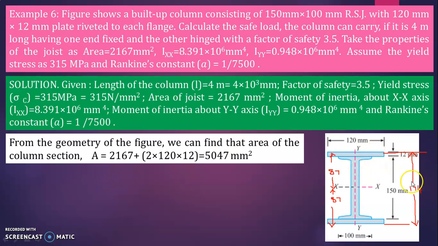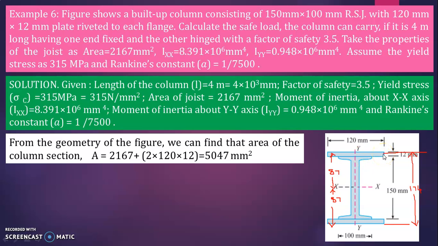Area is equal to area of this built-up column plus area of this plate. Area of this built-up column is given, 2167, plus area of this flange plate.